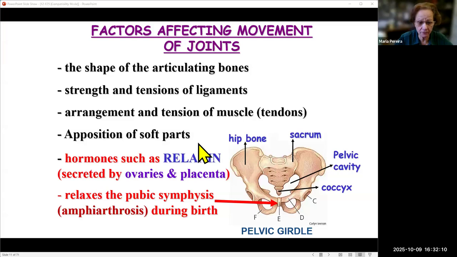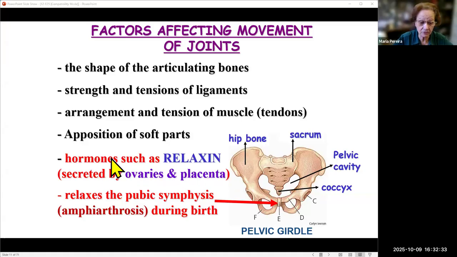The position of soft parts, when one comes upon each other. Here you have the pelvic girdle and the pelvic cavity. When there's childbirth, the head of the child has to go through this pelvic cavity.